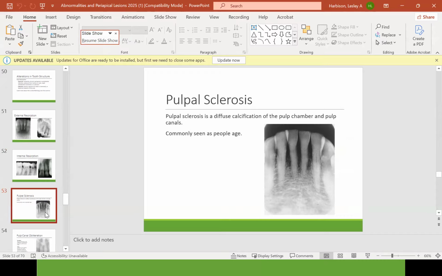Slide 53, pulpal sclerosis. Pulpal sclerosis is a diffuse calcification of the pulp chamber and the pulp canals commonly seen as people age. As we age, our pulp chambers shrink; we build up more secondary dentin and things shrink down. Older people in general tend to have a little less sensitivity in their teeth than younger people.